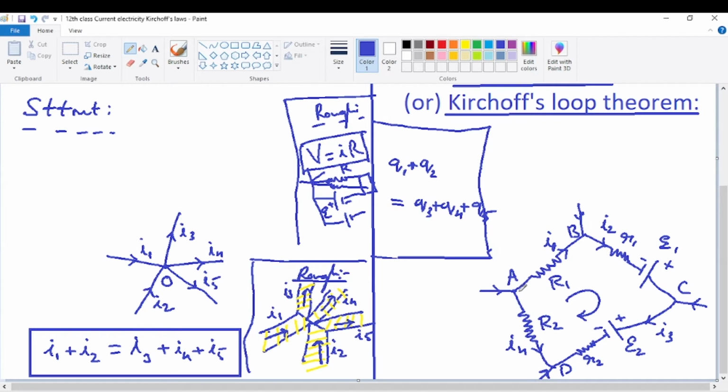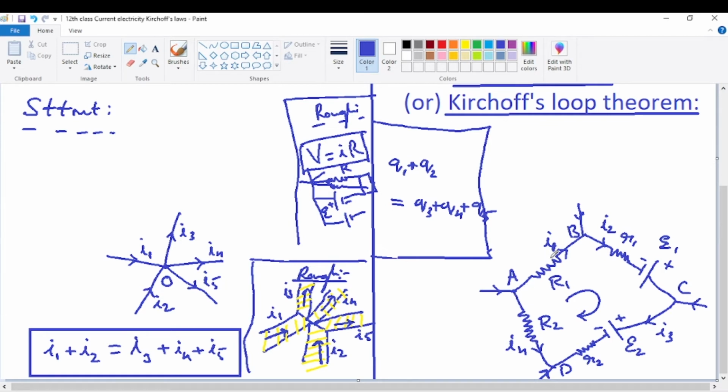Potential difference is also called difference of potentials. In an electric field, at every point there will be some potential. There is a potential value at A and a potential value at B. The difference of these potentials is called potential difference, and from Ohm's law it is given by current into resistance.